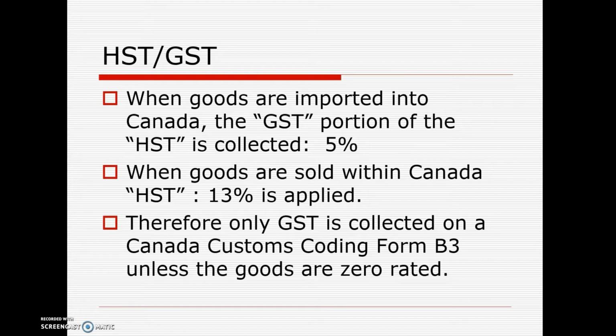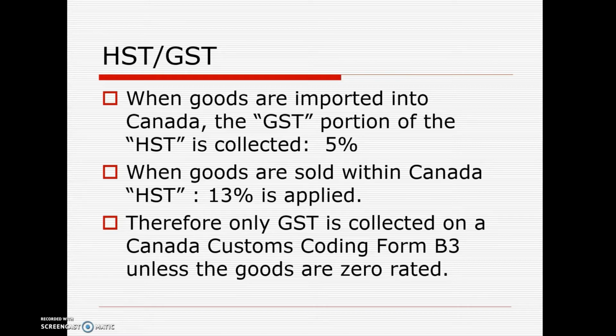So Walmart pays 5 cents GST on importation. Walmart turns around and sells you that tube of toothpaste for $1. They have to charge you $1.13 because they have to charge you 13% HST, which is 5% GST and 8% PST.